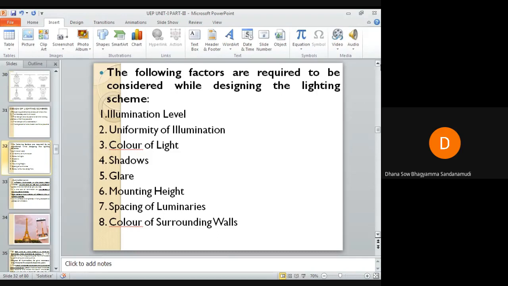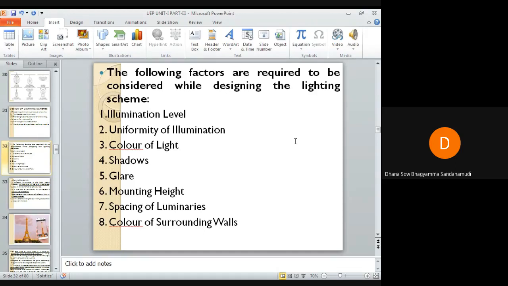There are some factors that are to be considered while designing the lighting scheme. Not while designing the lamp, but while designing the lighting scheme.